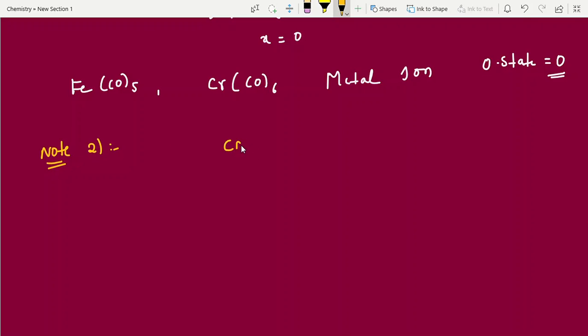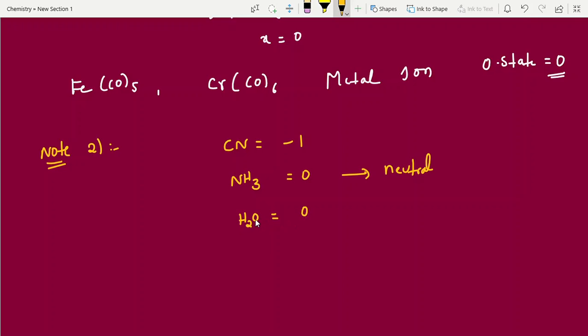CN, oxidation state -1. Okay, NH3, 0, because it is a neutral ligand. A ligand is nothing but a donor of electrons. Just remember here, neutral. The ligand topic we are going to learn in second year coordination chemistry. This is a neutral compound. Cyanide is negative. The other two, how much negative charge? -1. Next one. Frequently asked examples I am writing here, and water also is neutral, 0.